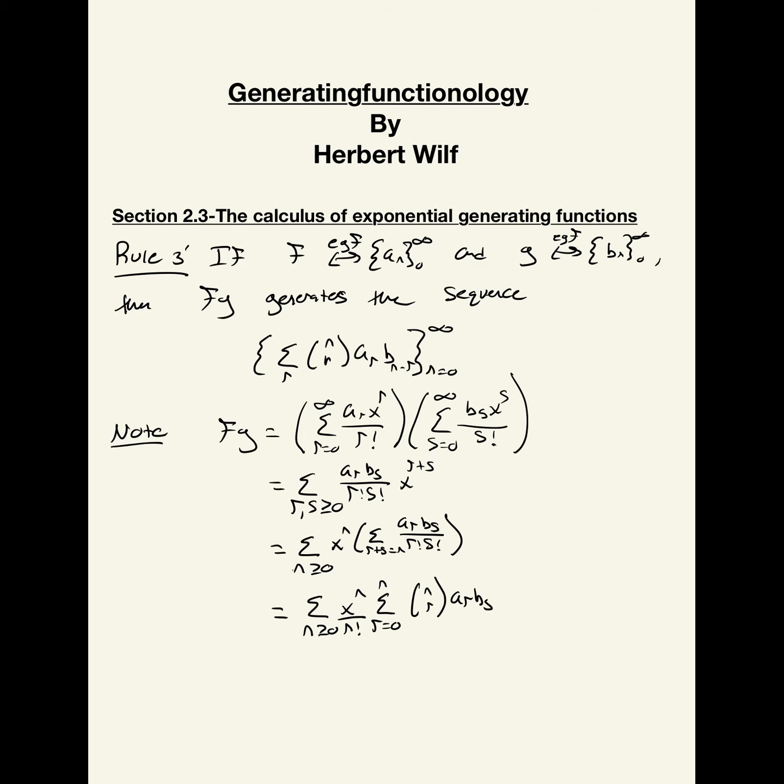And in fact, this is the exponential generating function for this sequence right here, and that matches exactly what Rule 3 says. So that concludes this part, and that's the last of the rules. The next video is going to describe one lengthy example that puts all of this together and introduces the Catalan numbers.